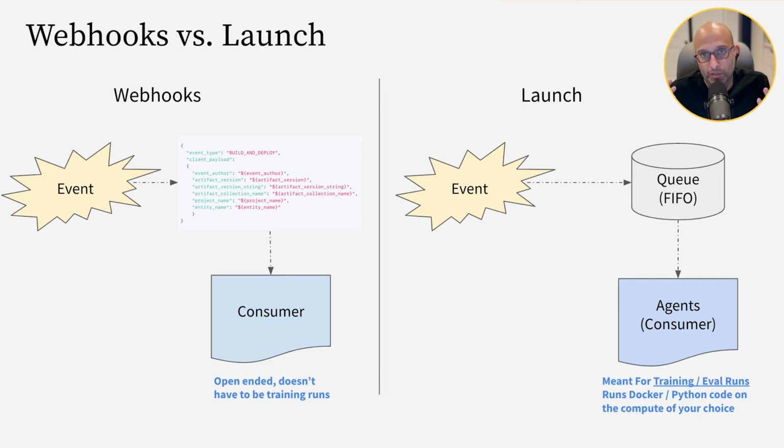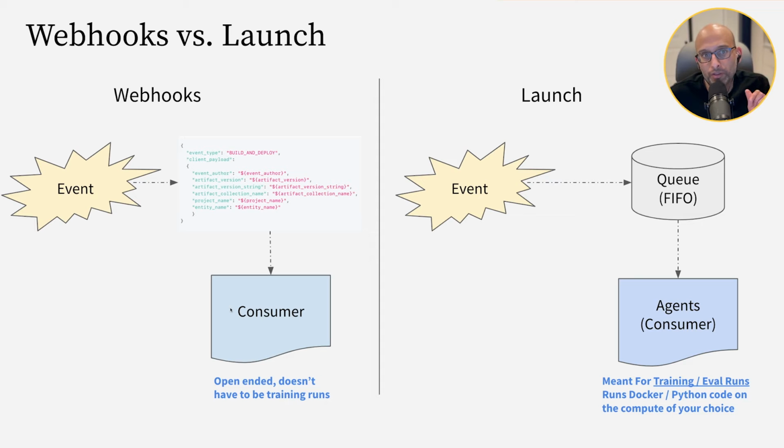You can think of it as a JSON that has information related to Weights and Biases, metadata in the artifact in the registry, and your web server receives this webhook. And we can call this web server a consumer. Now, it's not always strictly a web server.